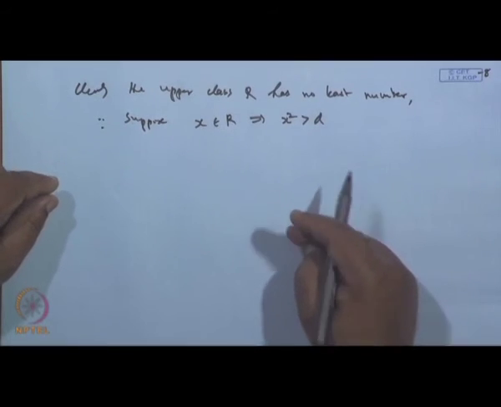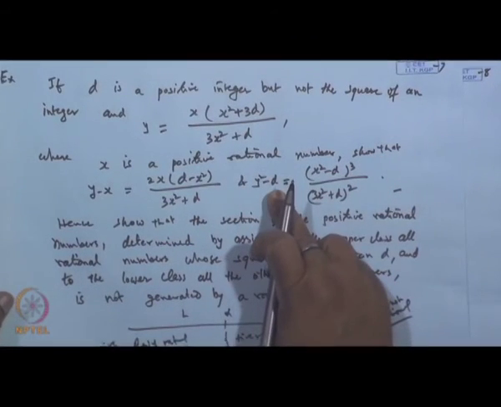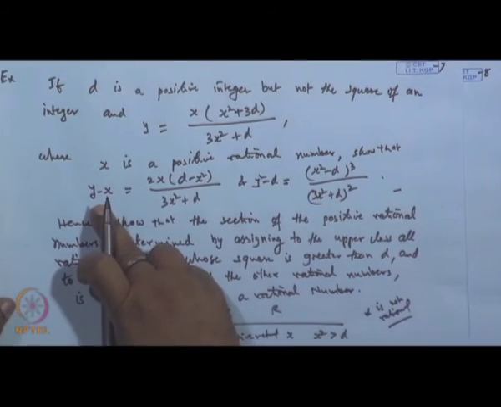When x square is greater than d and the function is defined like this, then y square is greater than d, and y minus x is negative.